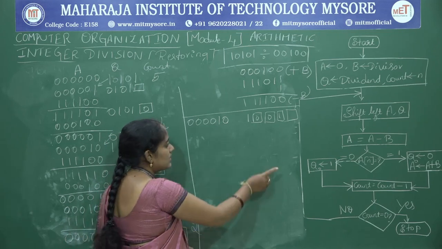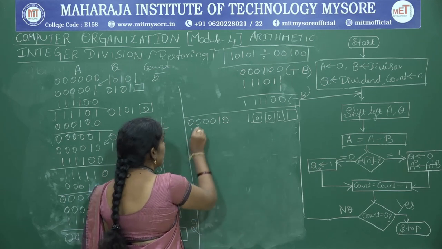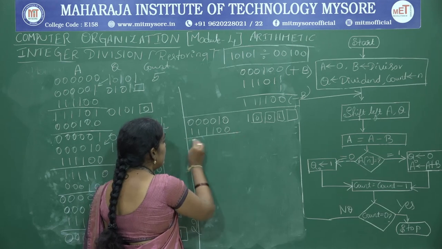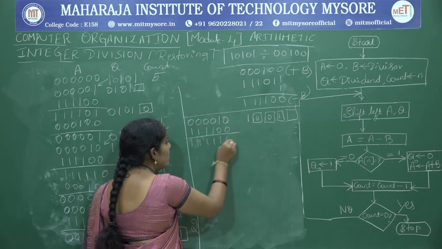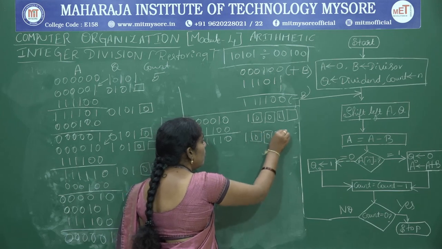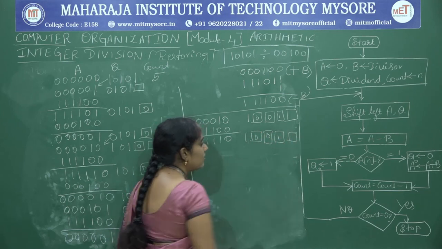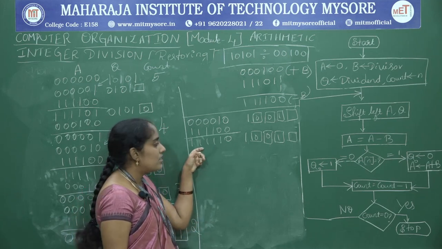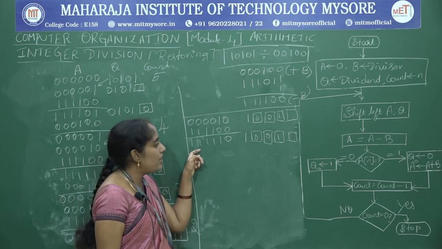So minus B is nothing but 1 1 1 1 0 0. The answer is 1 1 1 1 1 0. So this is 0 0 1 and blank. Now again check the sign bit of A. So here the sign bit of A is 1.